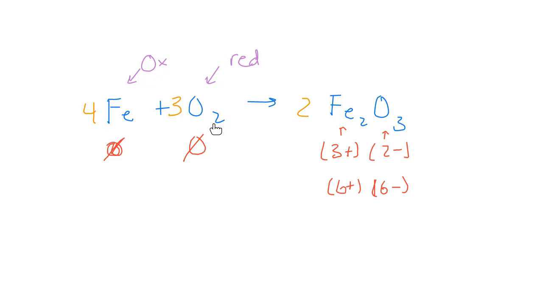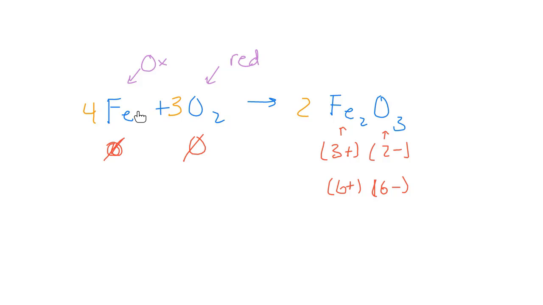So what is the oxidizing agent? What is the reducing agent? Yes, exactly. So iron is the reducing agent. It causes the oxygen to be reduced. So it gave its electrons to oxygen. That's why it gained a negative charge. Versus oxygen is the oxidizing agent because it took the electrons and it caused iron to be oxidized.